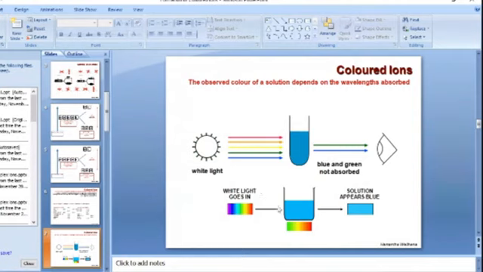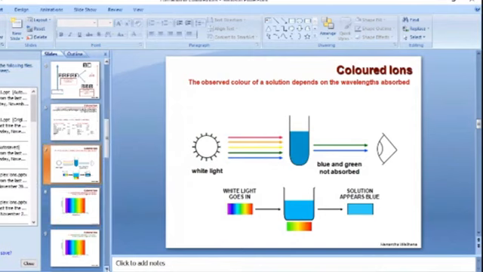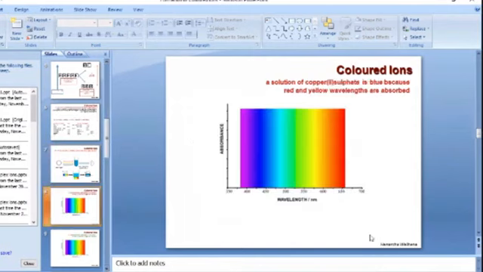So white light goes in and the solution appears blue, because blue is what is reflected by the colored ion. So a solution of copper sulfate is blue because the red and yellow wavelengths are absorbed. So what you are actually seeing reflected is at the wavelength around here.